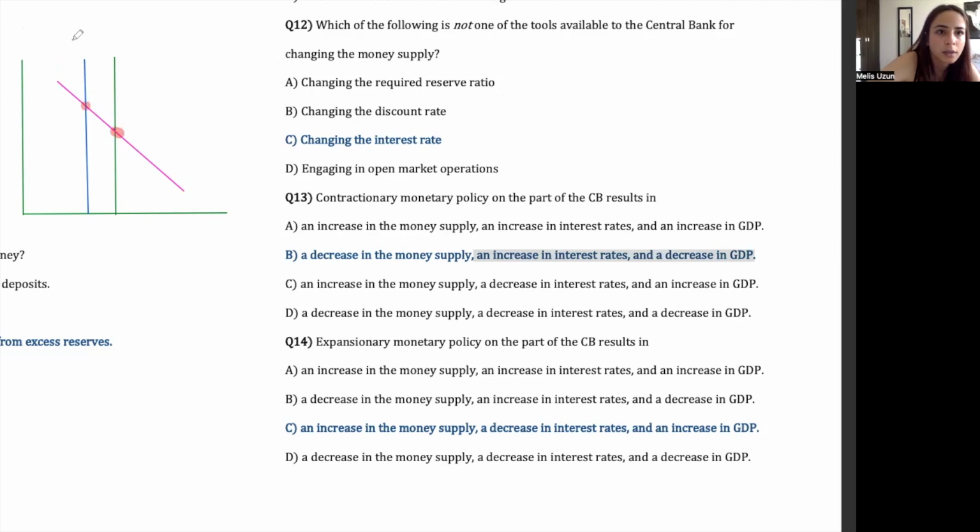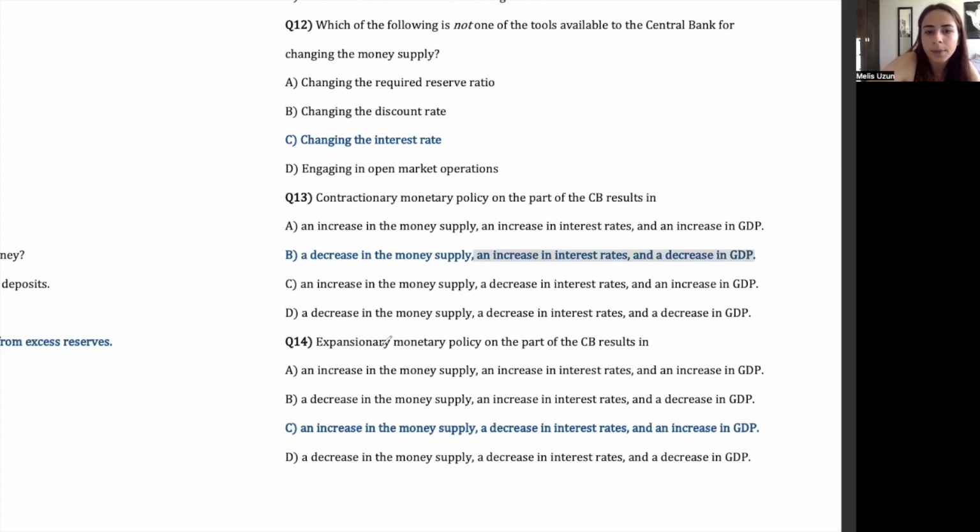This is the interest rate, and this is Y. So there's a decrease in the GDP, and also before our interest rate was this one, now it is this one. So our interest rate increases.